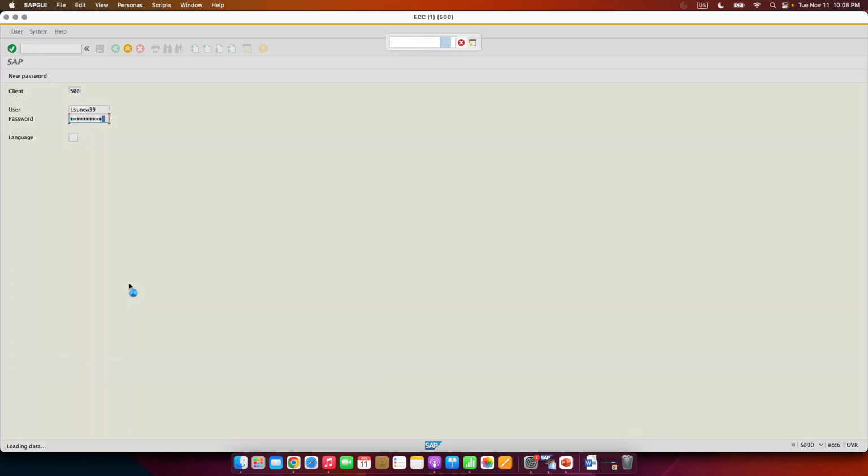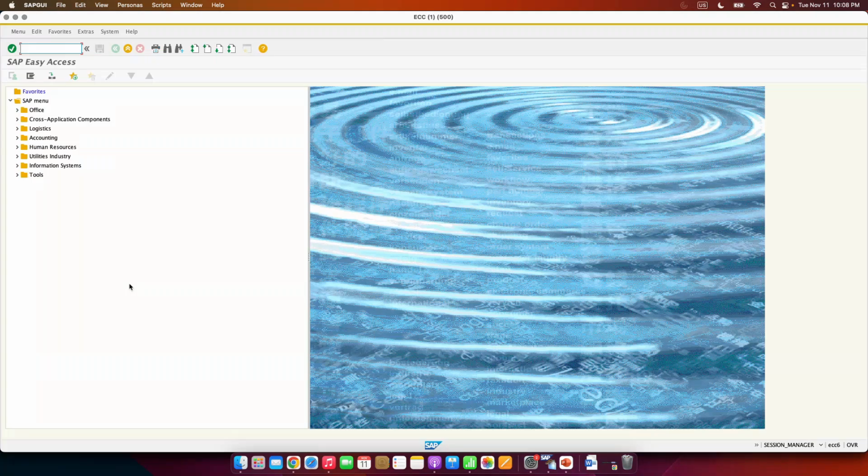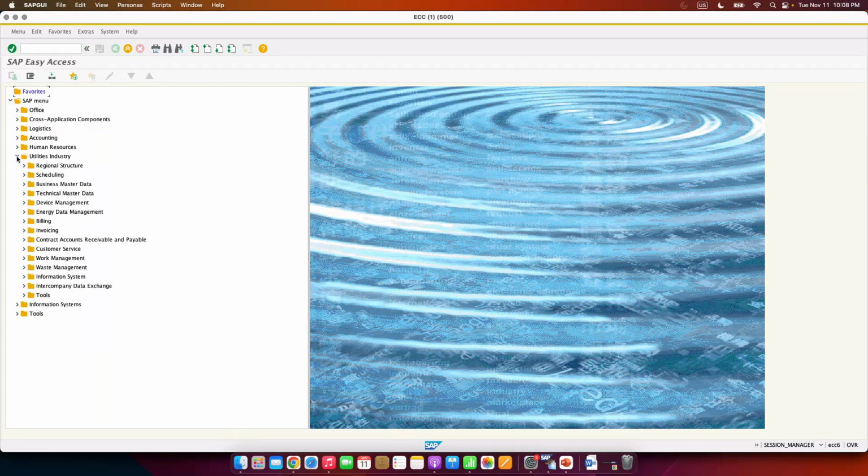So if you really want to see how it looks, go to SAP. You guys are already from an SAP background, right? If you go to regional structure, you can see postal and political. Political representation is how your utility company is classifying the entire service territory.